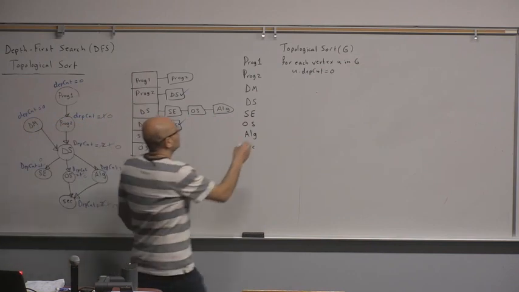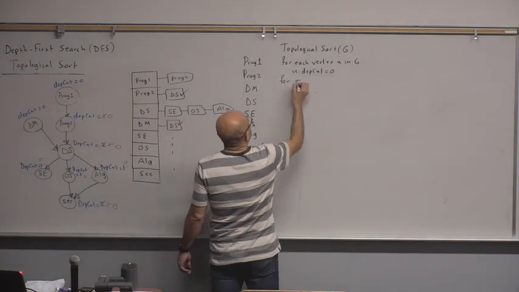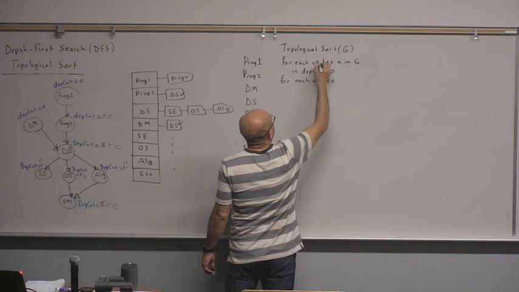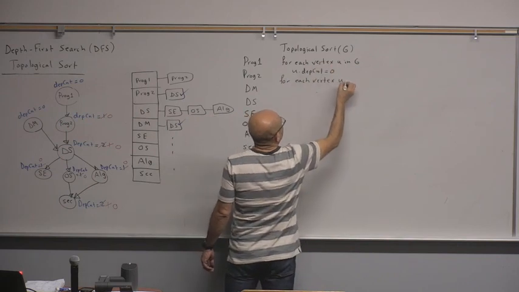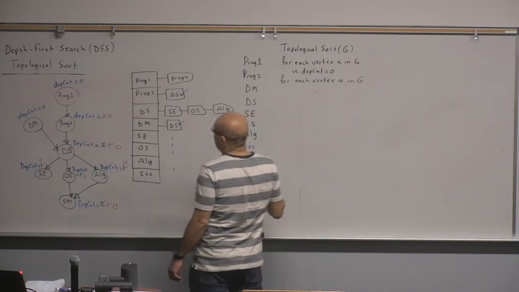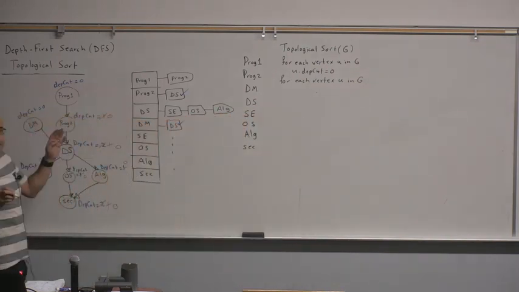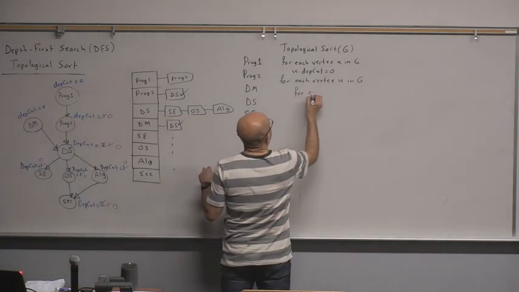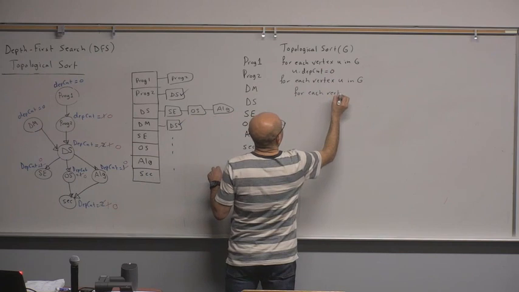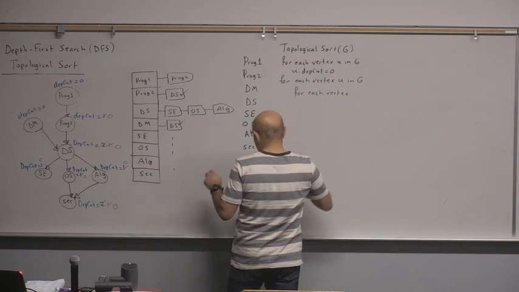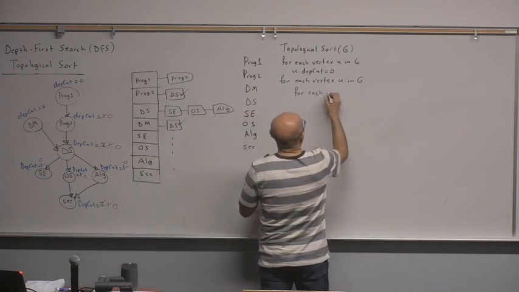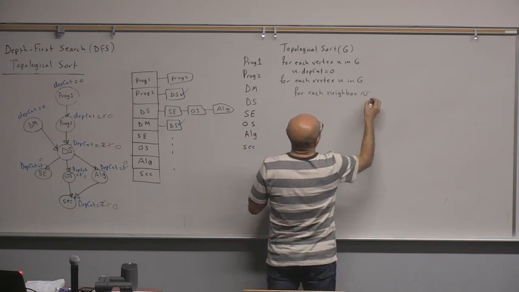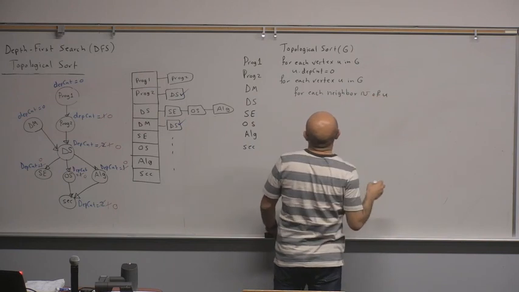Then, for each u in G, now we need to go through the adjacency list of u, for each neighbor v of u. What do we do?